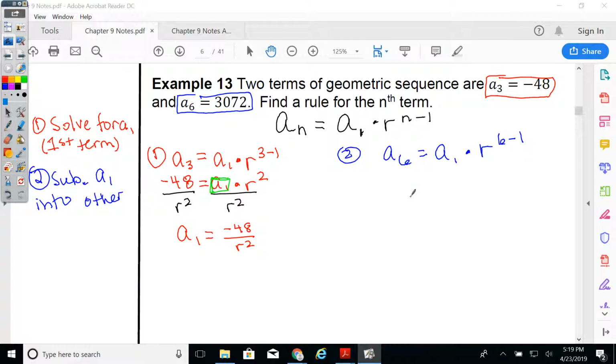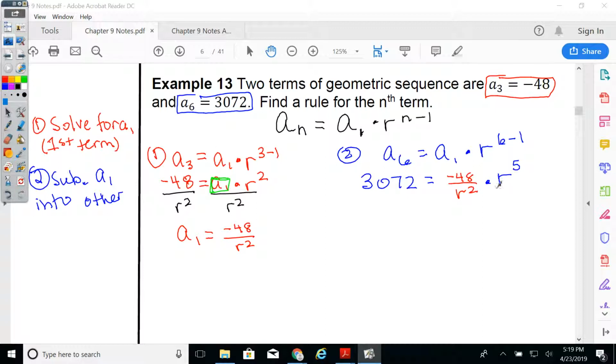And then substituting and simplifying, a6 is 3072. a1, I want to plug in this that I have over here. So negative 48 over r squared. And I'm going to multiply that by r to the 5th.